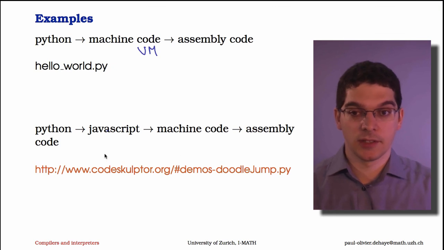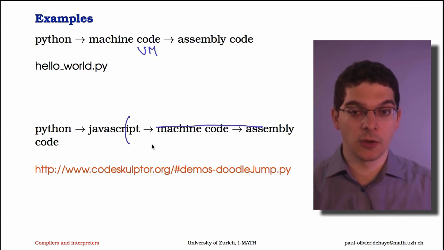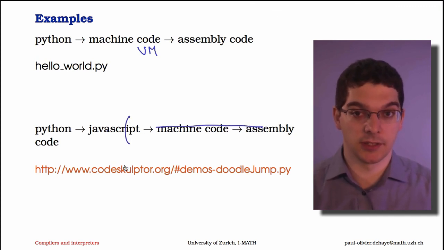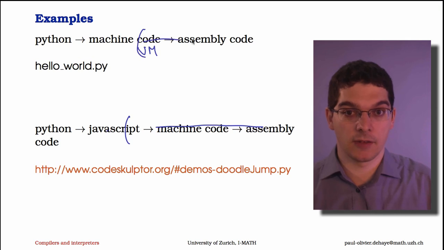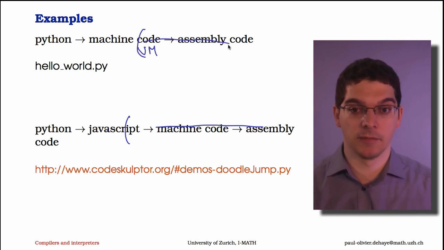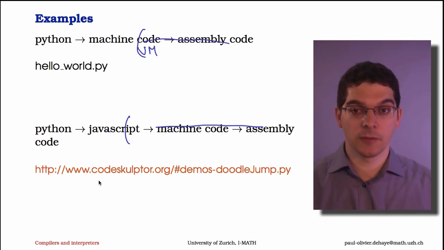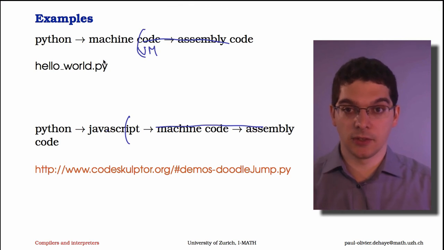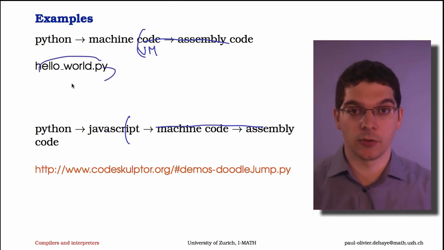Okay, so this translation here will be standard, but everything that happens from then on will be dependent on which machine this is run on. And here, everything will depend on which machine it's run on. Okay, so now for the two examples, and in particular, the first one, a little program, helloworld.py.